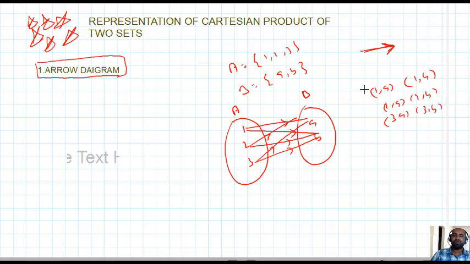After writing all ordered pairs, separate them by commas and enclose them in brackets. What you got is called A cross B in roster form.